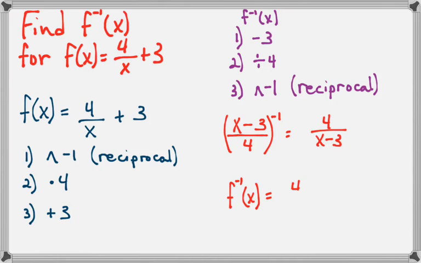So f inverse equals 4 over x minus 3. And there is one like this in the homework, so you can use this as a pattern to help you along. It's a little bit more difficult to do this one by the 4-step method, so that's why I just stuck with the list method here.